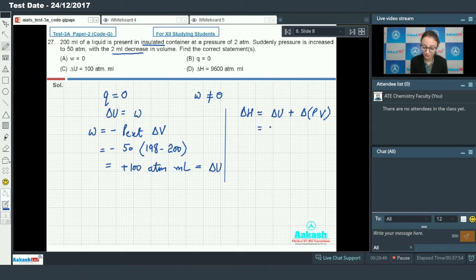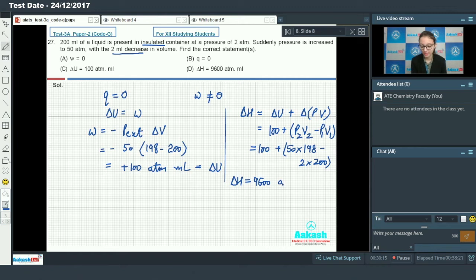Delta U we have calculated, it is 100 plus P2 V2 minus P1 V1. We know all the values, so substituting these values, we will get delta H is equals to 9600 atm ml. So the correct options are option B, C and D.